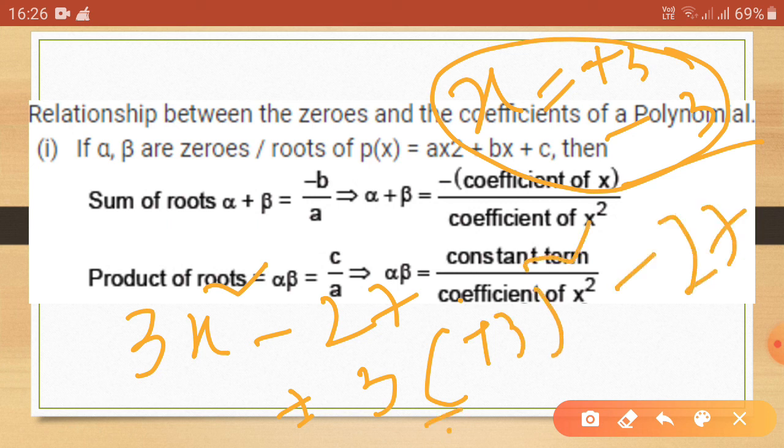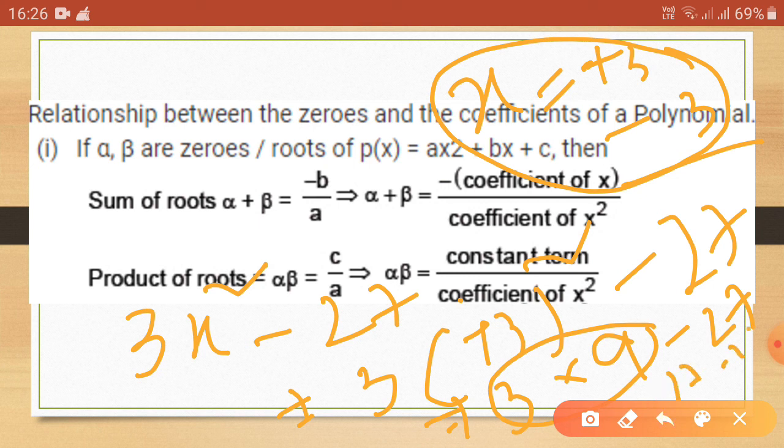So it is 3 outside and inside the bracket 9 minus 27. Okay, so 3 into 9 means 27, so it gives us 27 minus 27, that means 0. So x is equal to plus 3 is a root or zero of this expression or polynomial.